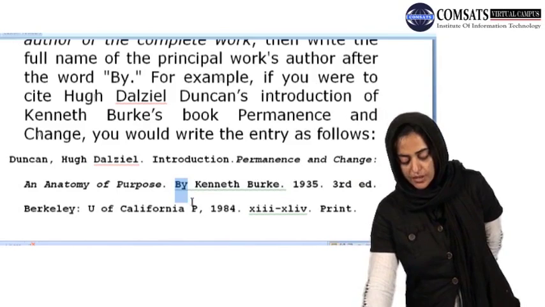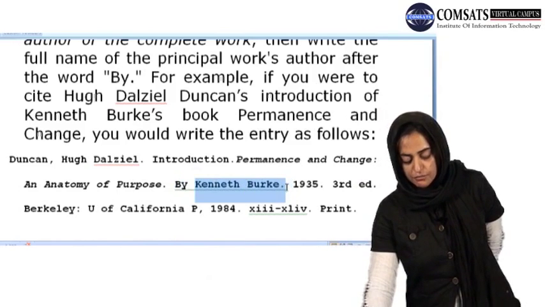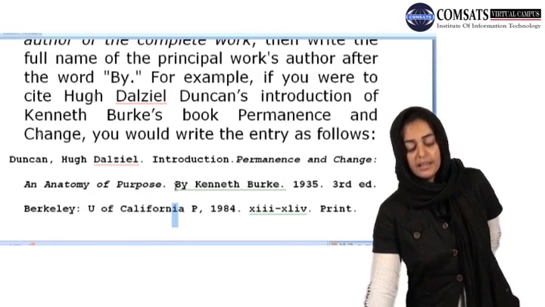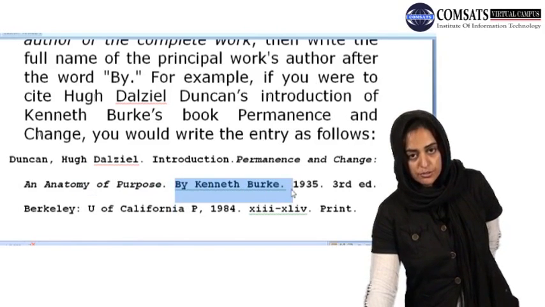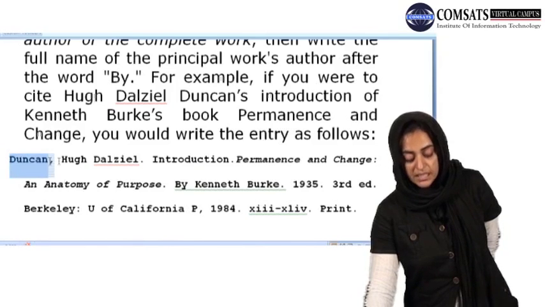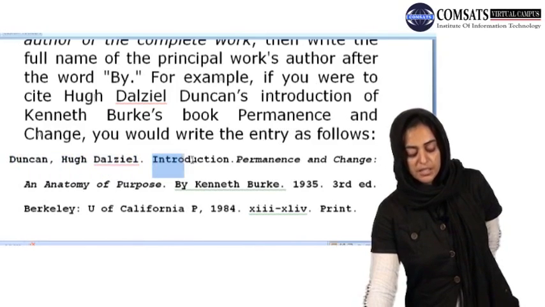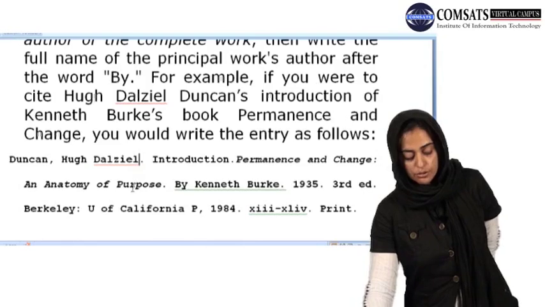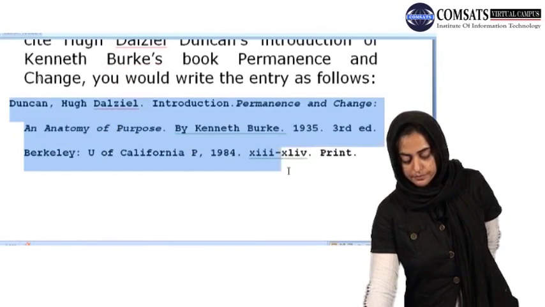You cannot write directly over here, Kenneth Burke. And here it is a full name that is being given. It is not being added in the last name, first name fashion. By Kenneth Burke. But the name of the author of this particular piece, the introduction, is being written in the last name, first name fashion. Have a look on the screen, dear students, once again.